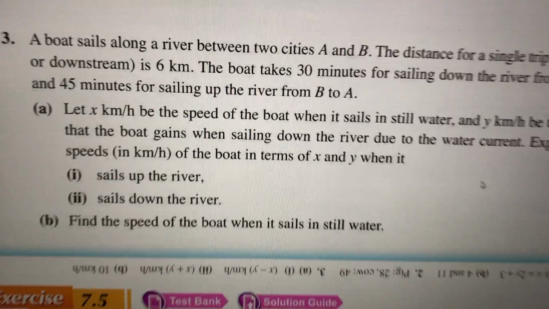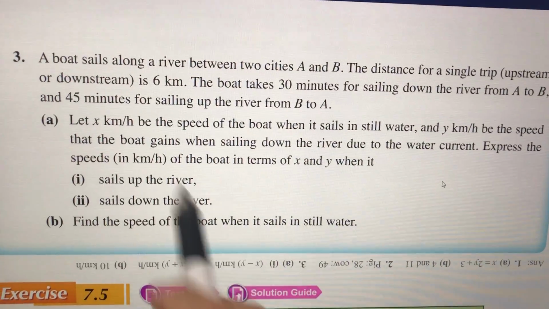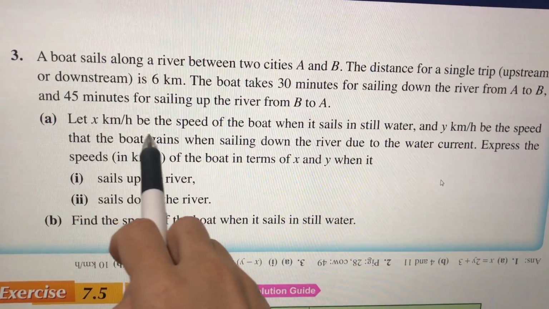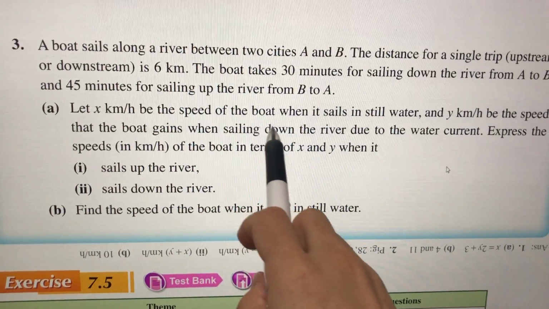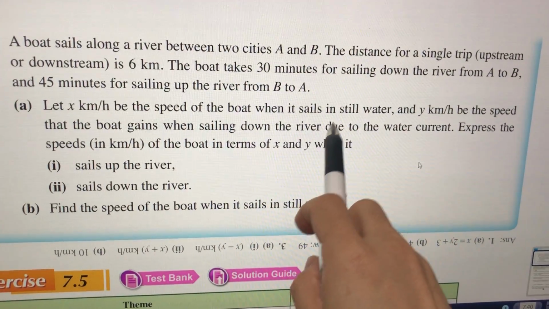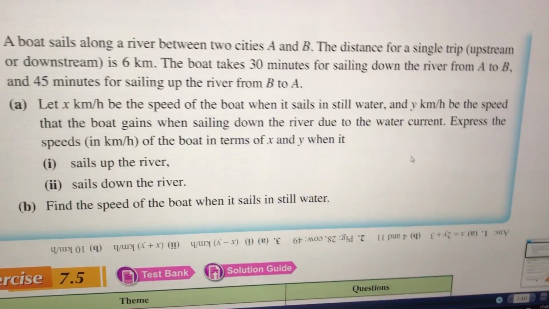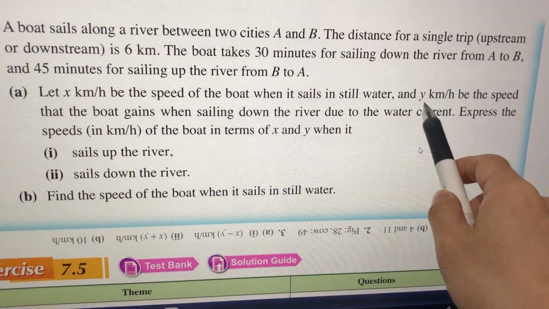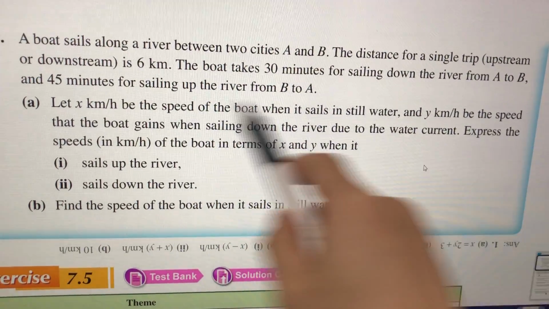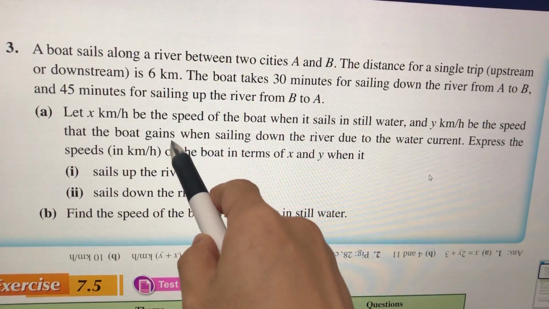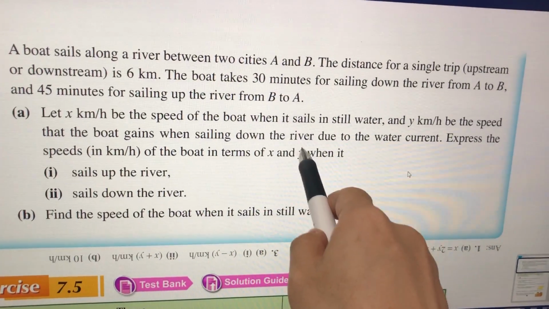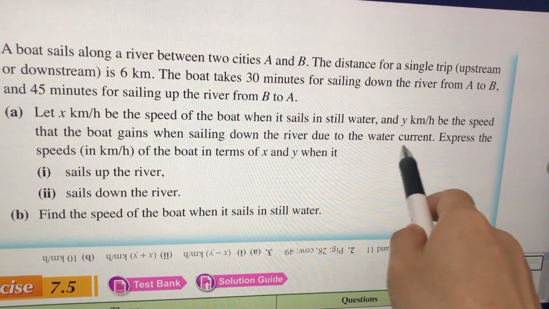Now for question A, it says, let x kilometers per hour be the speed of the boat when it sails in still water. Still water means the water doesn't flow. And y kilometers per hour be the speed that the boat gains when sailing down the river due to the water current.